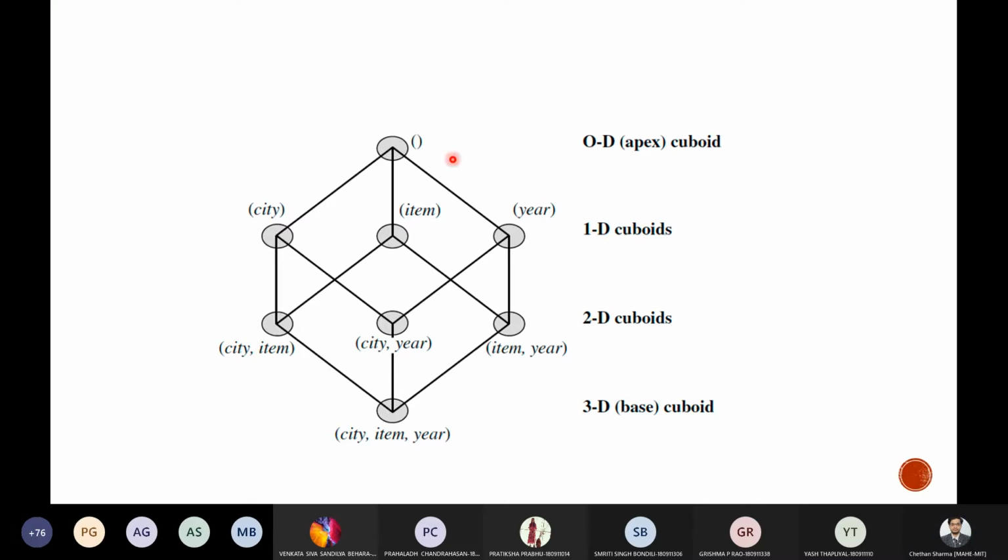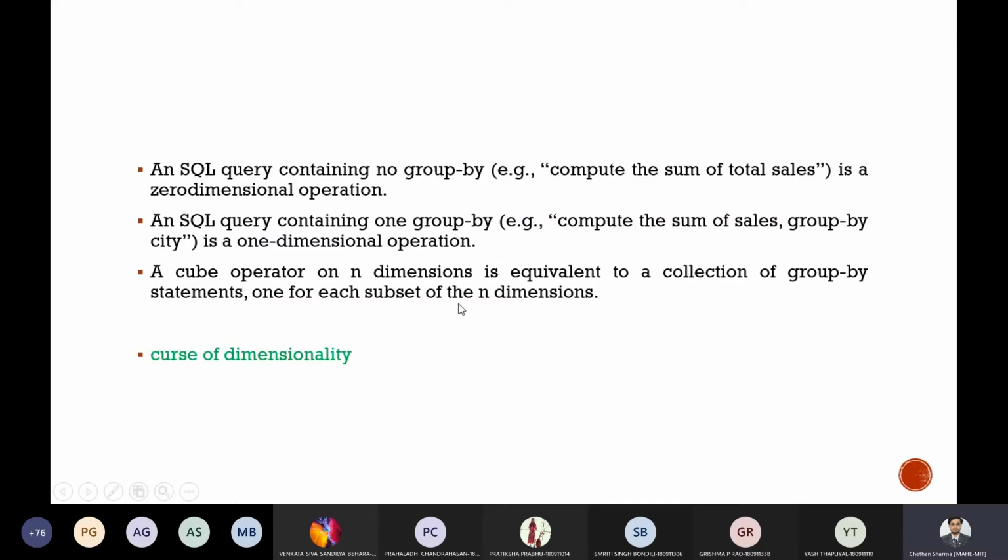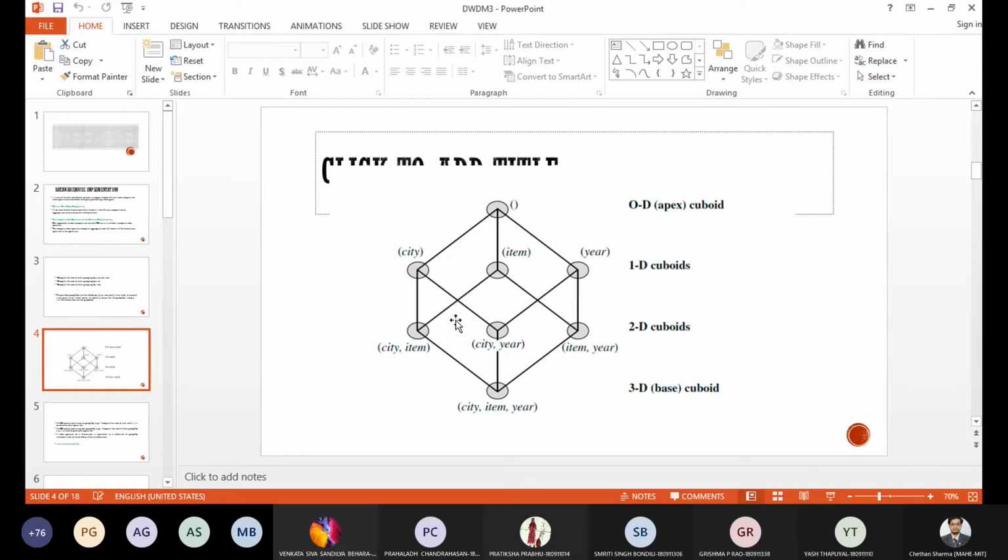Anyone? Do you remember? Or if someone is typing, I don't know. Does anyone remember? Or should I call out names of those who are present?